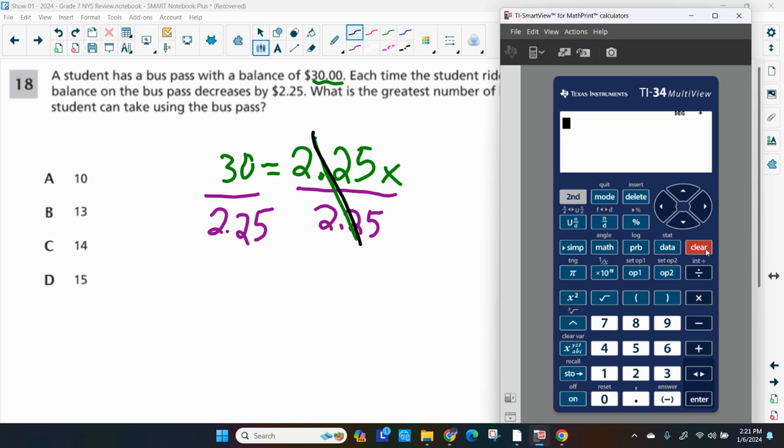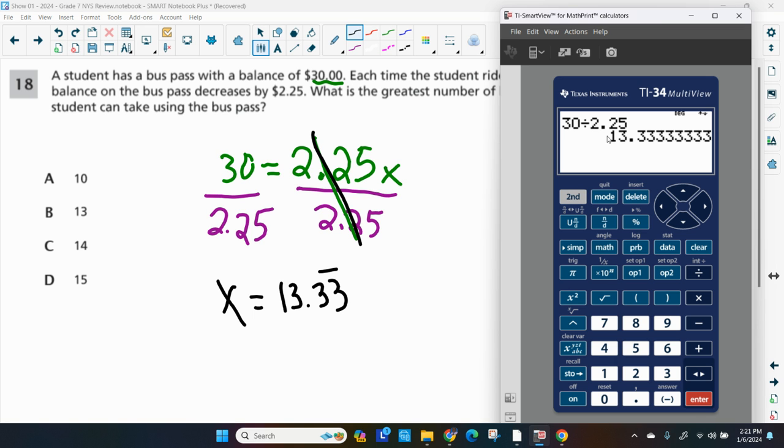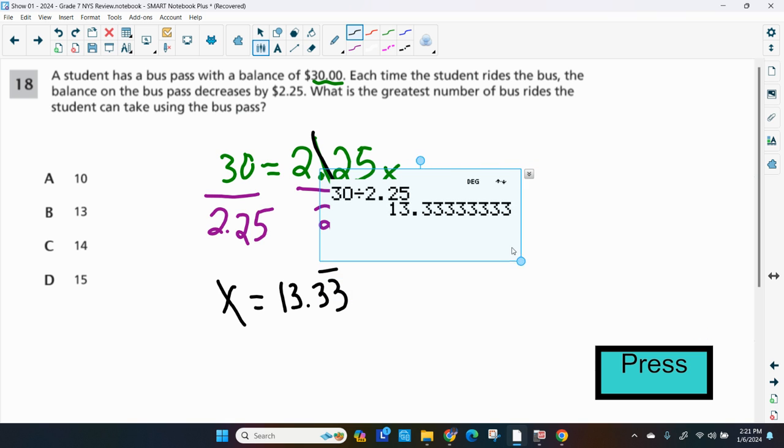Let's clear this up from the first question, and divide by $2.25. And this will give us 13.33, 13.333, and I'll put a line over that. Let me bring that out so that way you can see what we did.